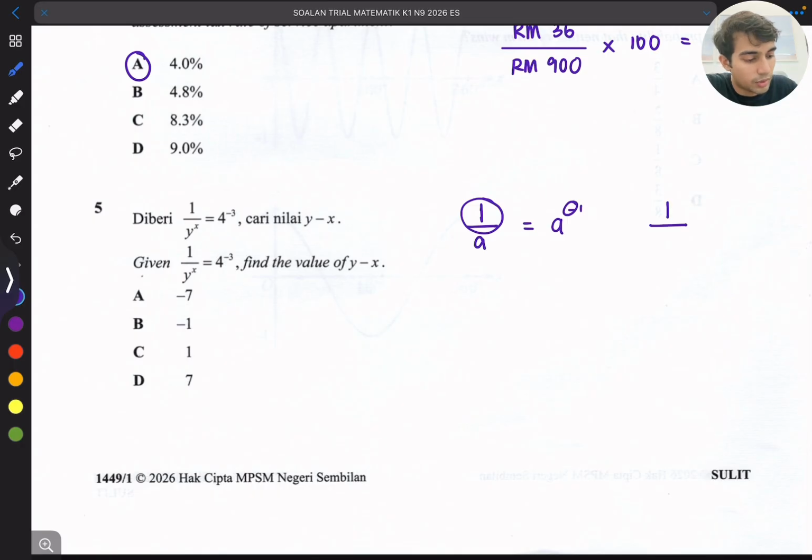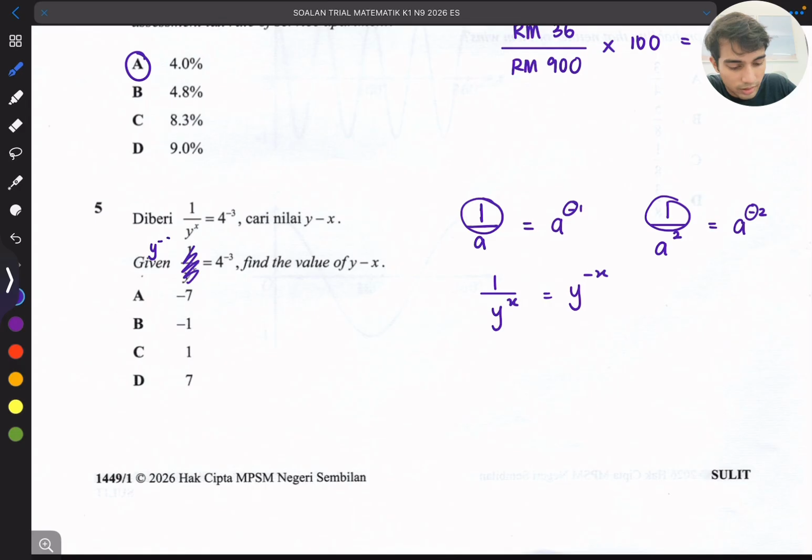If let's say we have 1 over a square, this will become a negative 2. This 1 over will change to negative. So here we have 1 over y^x. This one we can change it to y power negative x. Okay, so y power negative x equals 4 power negative 3.